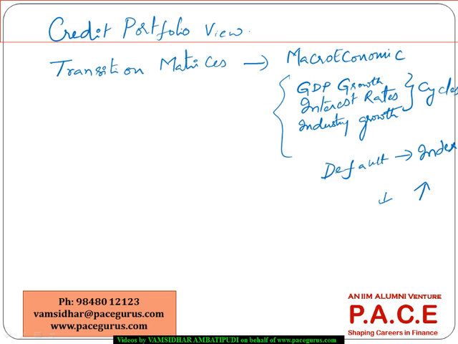So there is some kind of simulation that is getting performed based on the historical values, and there is a comparison between a simulated value and the historical values, and that simulation is actually helping us in deciding the credit value at risk.